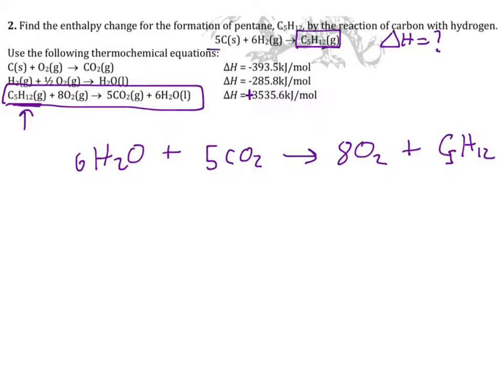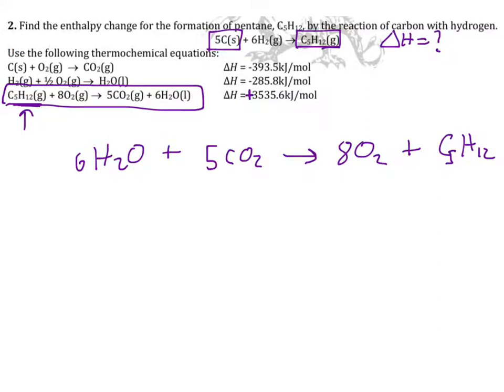So now I'm just going to go ahead and pick this one. Notice how this particular equation is the one that has the carbons. And so we need to ask ourselves, is it on the correct side, and is there the correct number of them? And the answer is it is on the correct side. However, we do not have the correct number of them. There's 5 carbons here, but only 1 here.